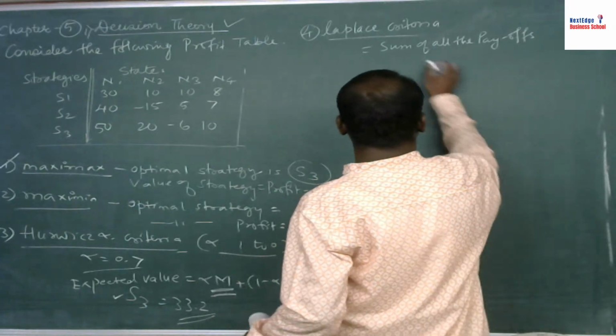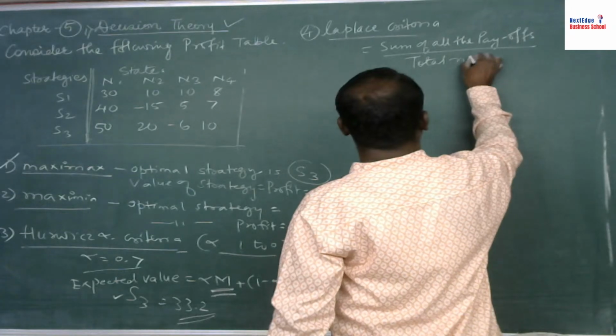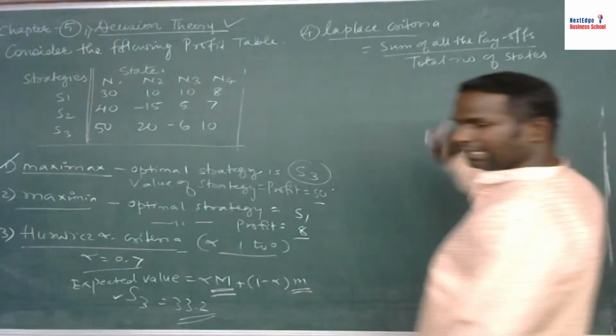Sorry, you can also write this as: sum of all the payoffs upon total number of states. Is this clear to you all now?